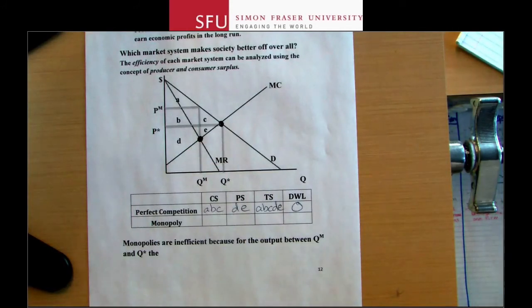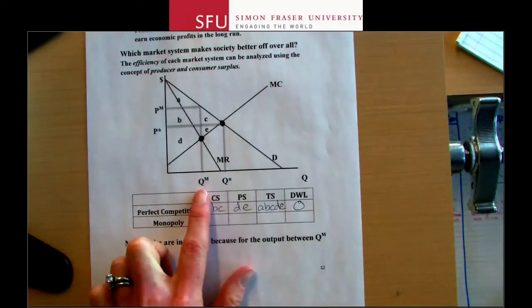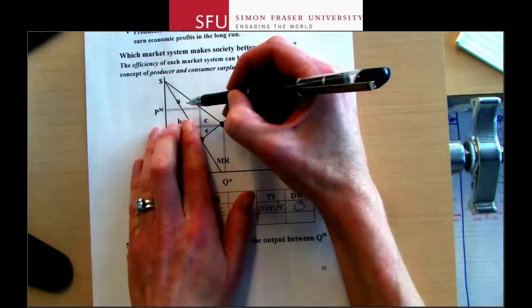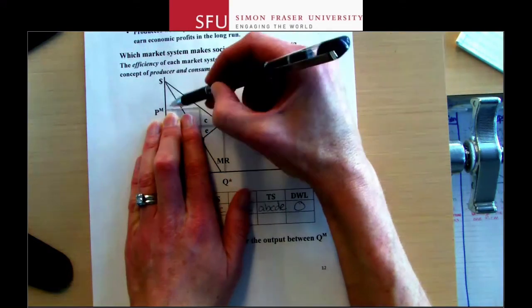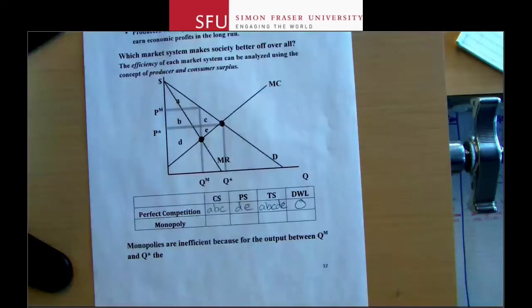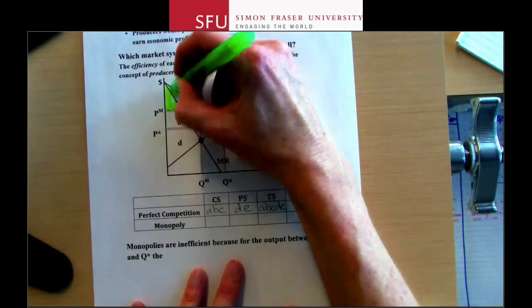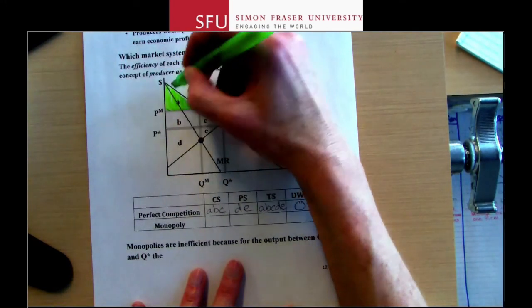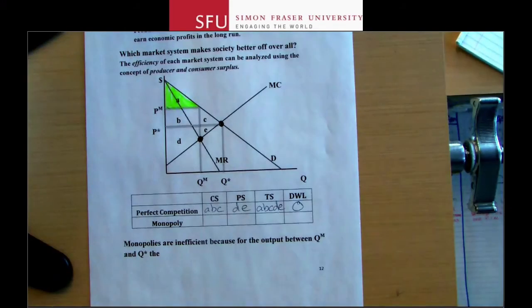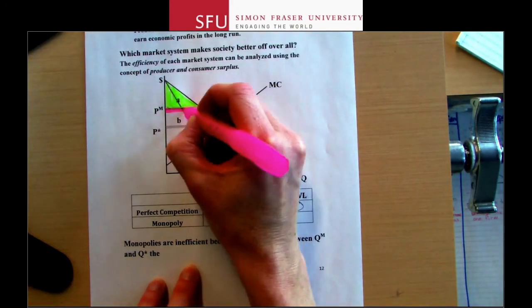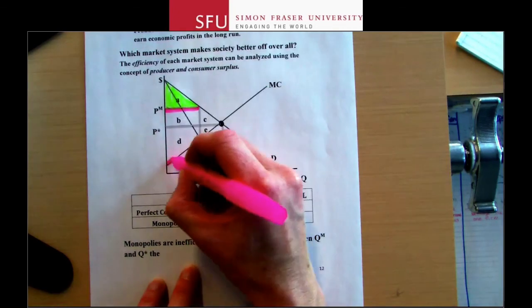The monopolist will choose this equilibrium here, QM, and then charge the price PM. So that means that consumers will only get area A. So this will be the consumer surplus. And then the producer surplus for the monopolist is going to be between the price they're paid and their marginal cost.